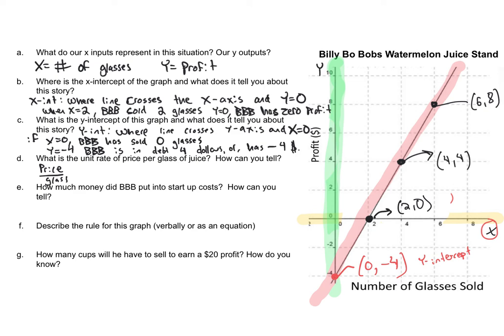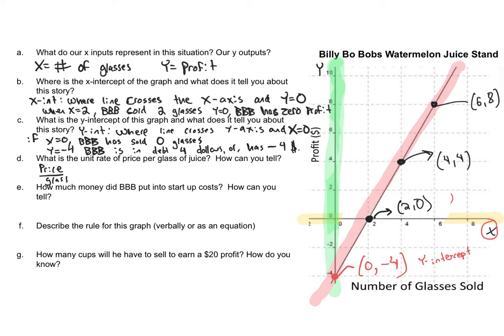But when Billy Bob sold 2 cups, he was $0 in debt, so he broke even. When Billy Bob had served 4 cups, he'd earned $4.